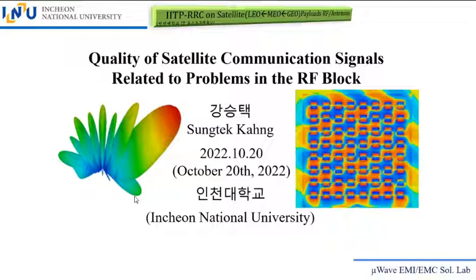As you see, the beam is steerable by the array antenna I have designed with my students and research associates. This is an example of a far field that is steerable, and all these are animated versions.